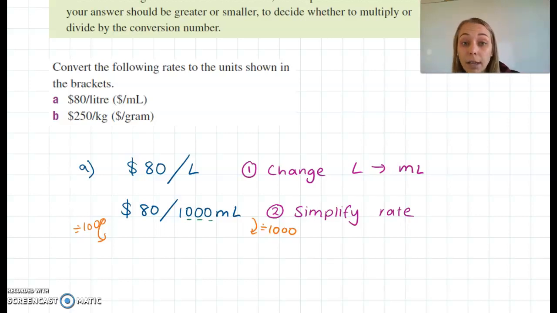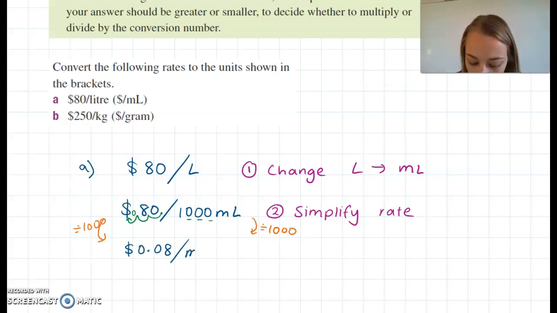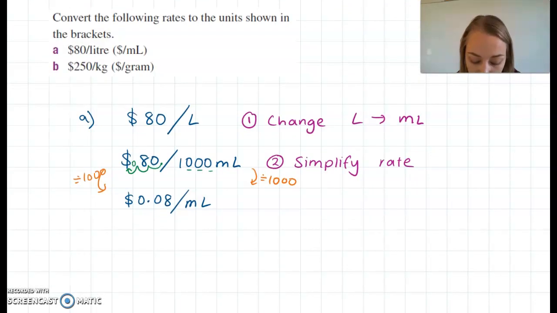If I'm dividing by 1,000, I'm going to make the number smaller, so I'm going to move the decimal 3 places to the left because there are 3 zeros in 1,000. So that is going to change to 8 cents per milliliter. The first step there was to change litres into milliliters, and the second step was to simplify the rate. All right, let's do one more.